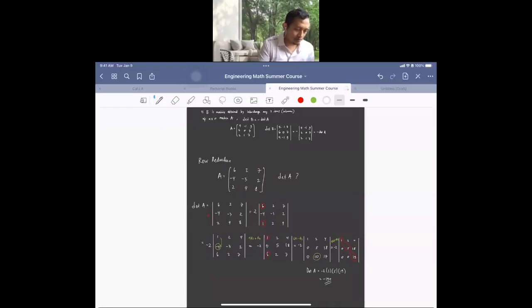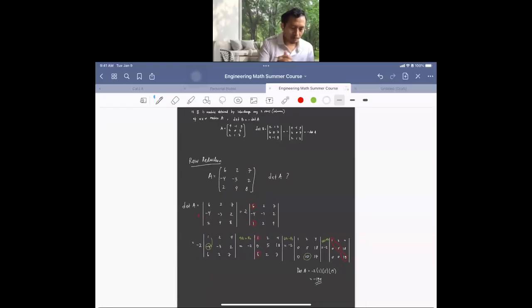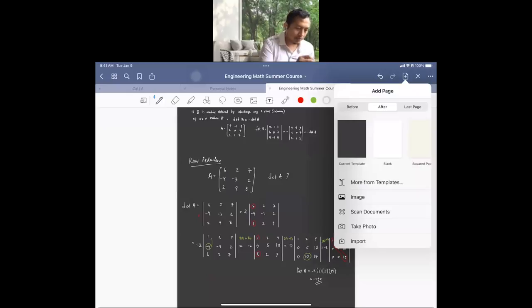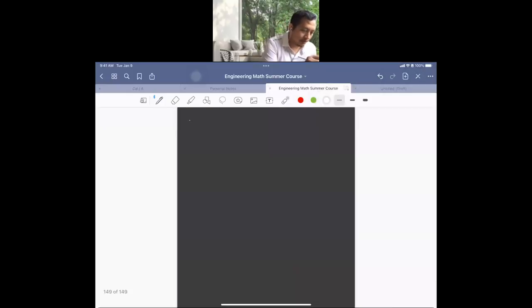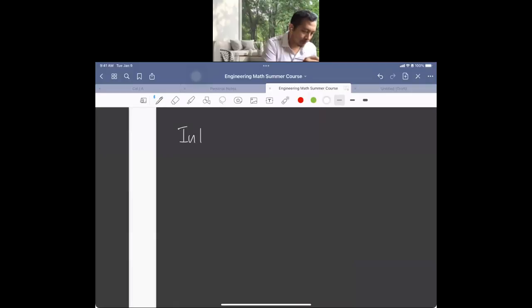Okay, so this is row reduction. If we look at the matrix as an inverse.